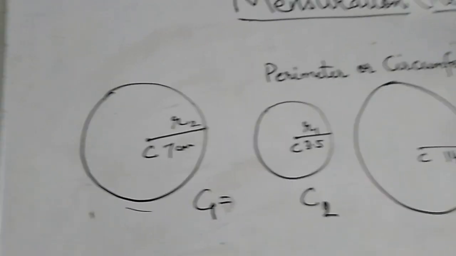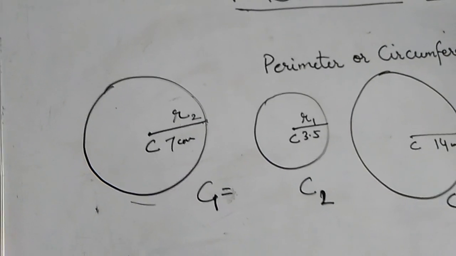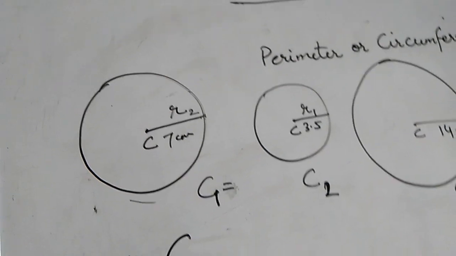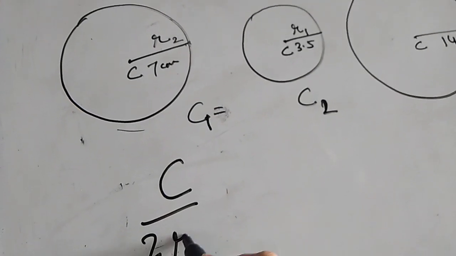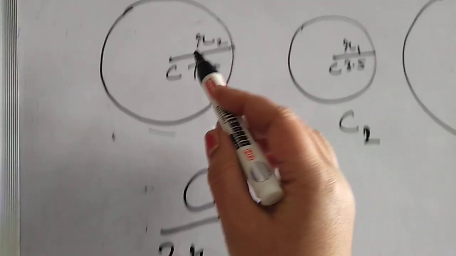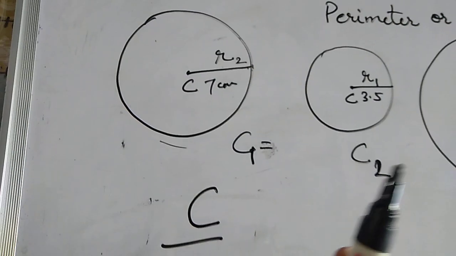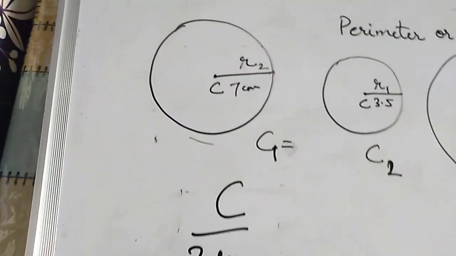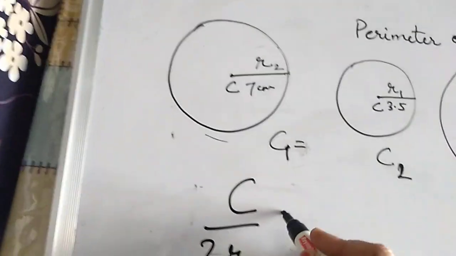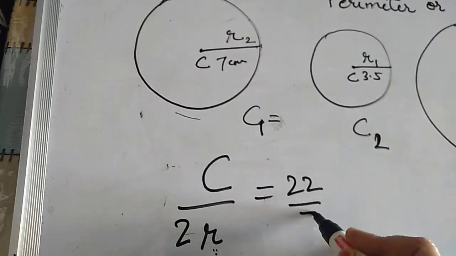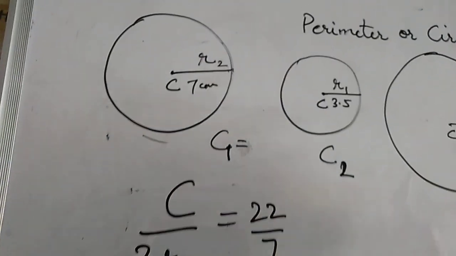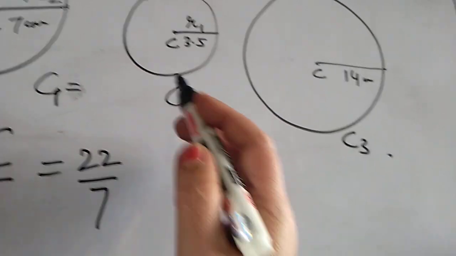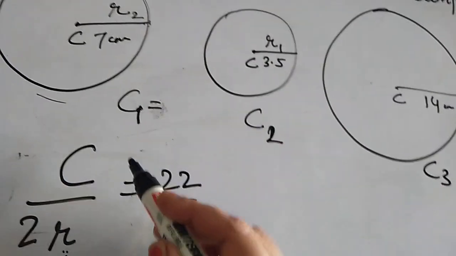And then he found the relation that when the circumference was divided by twice the radius, it was always equal to 22/7.